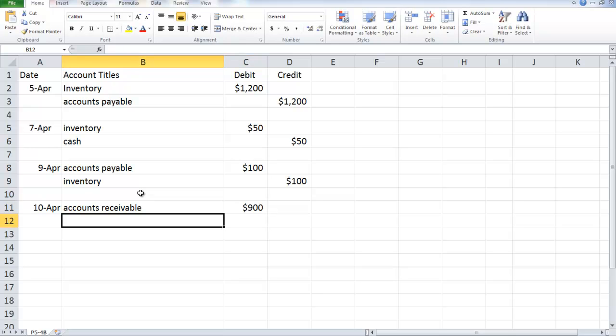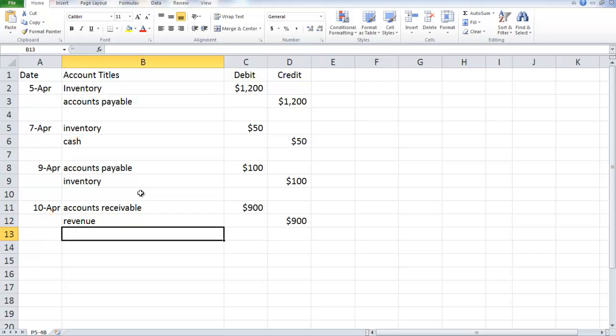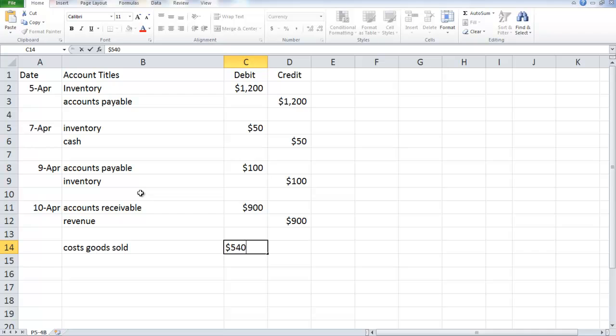So we debit accounts receivable, credit revenue for $900. And then the second transaction, we have to recognize the cost of goods that have been sold. So we have this account, cost of goods sold, that we debit $540, and we credit inventory to show that we've moved inventory out of storage and sold it to the customer. Okay, so we have two transactions.